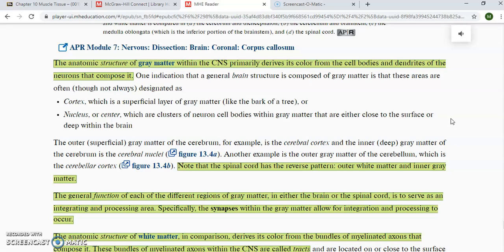So we say that's the part of the brain tissue where we're getting the functions of processing, integrating, and evaluating all of that information that's coming from our senses. That's the primary role of the gray matter of our brain: to integrate and process information coming in from the sensory receptors and make decisions based on that. So that is the anatomy of gray matter, and then the general function.